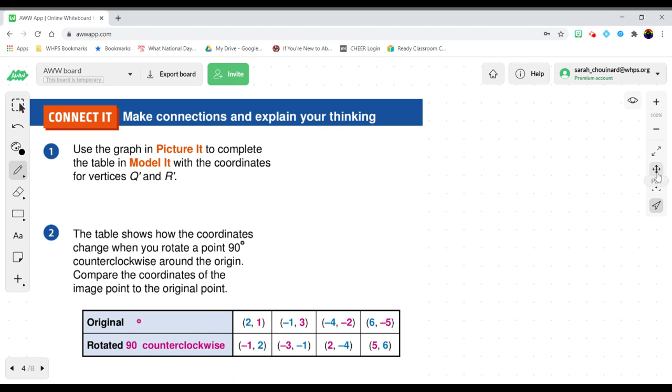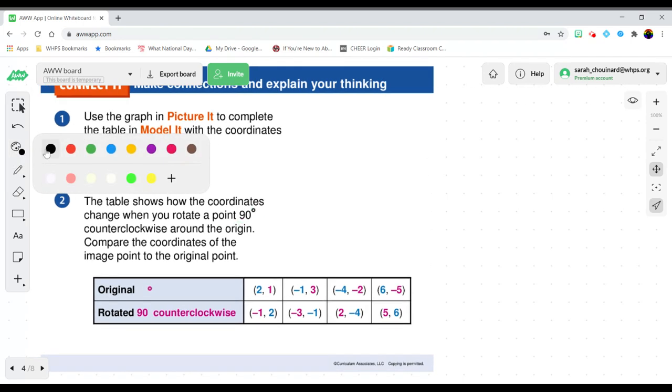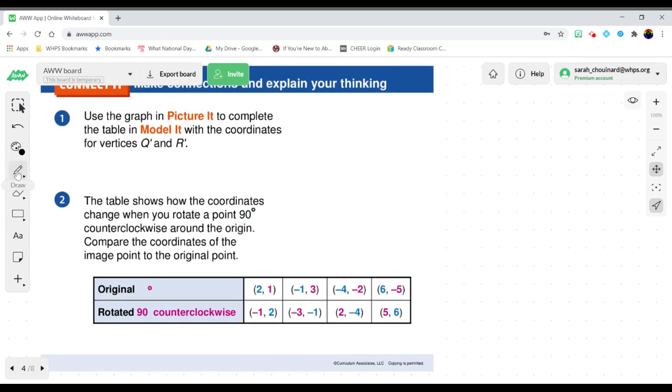The table in question 2 has a pre-image and an image, and this is when we go 90 degrees counterclockwise. Can we see the connection between the pre-image and the image?